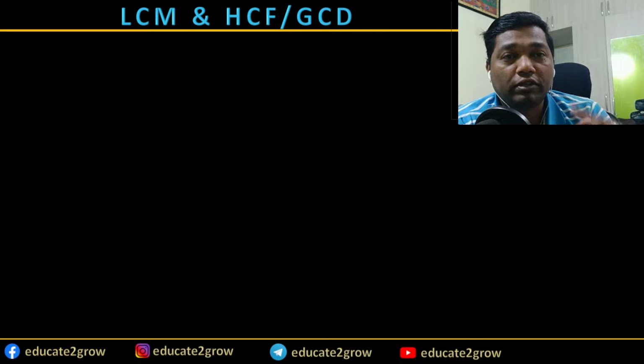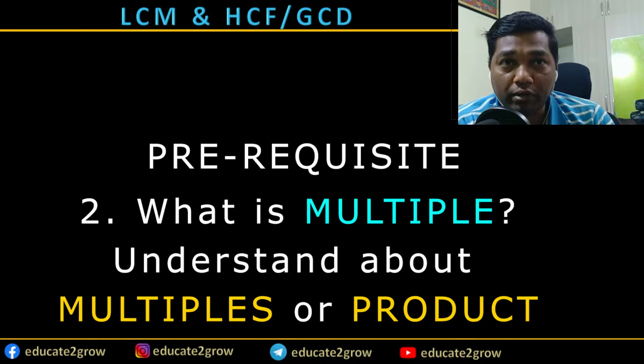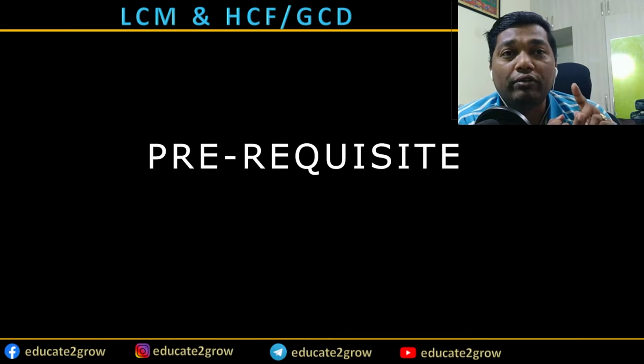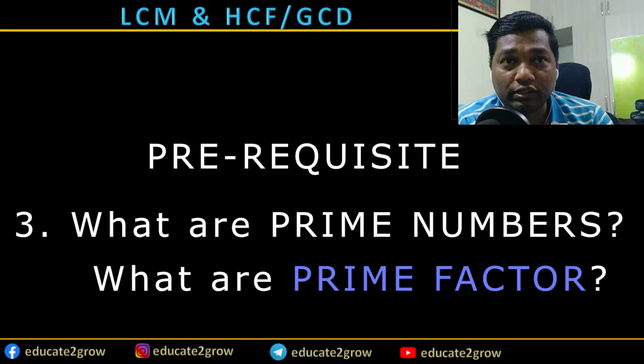So the first thing very much required to understand is factors. What do you mean by factor? What do you mean by multiple or a product? Then we need to understand prime numbers and prime factorization.